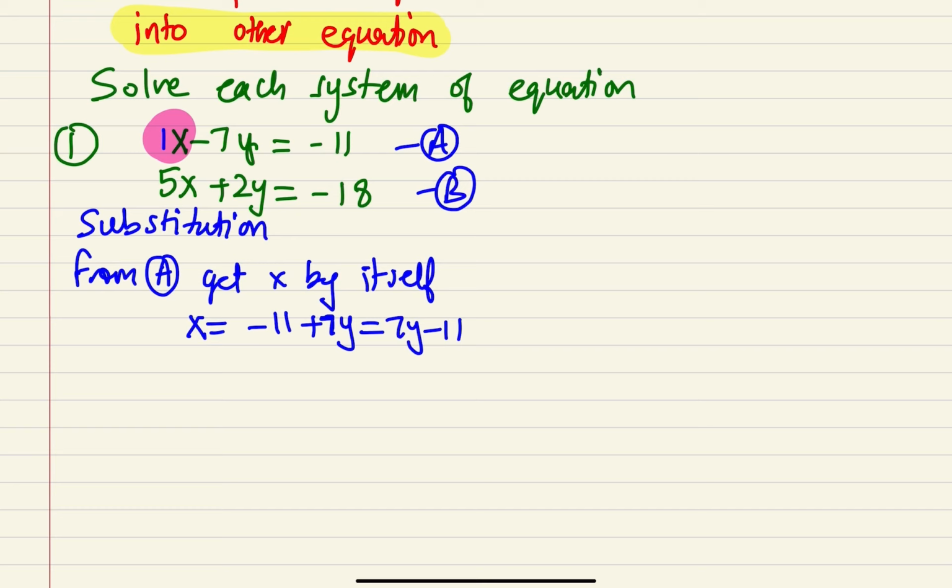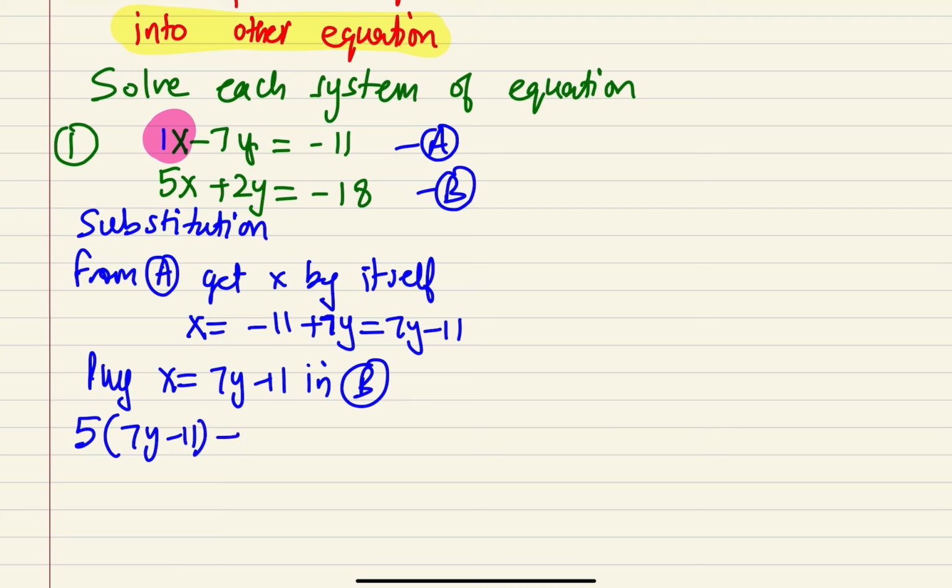Once we have x alone from one equation, we're going to plug x equals 7y minus 11 into the second equation. So 5 times (7y minus 11) plus 2y equals negative 18. Let's go ahead and solve it now.